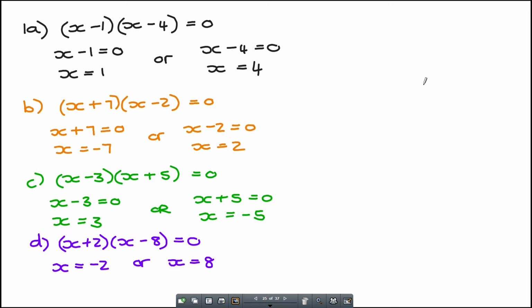Can I skip? Yeah. 2 marks. For each X value, you get a mark. Right, can I skip?